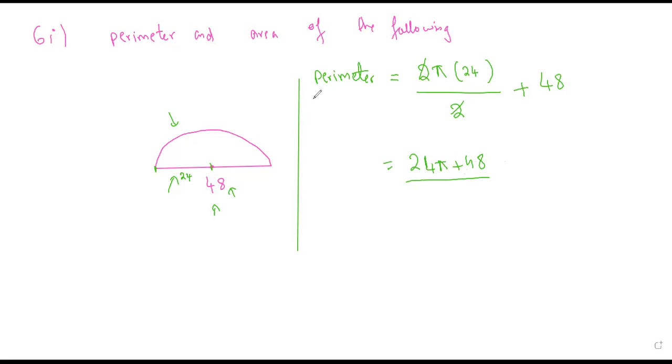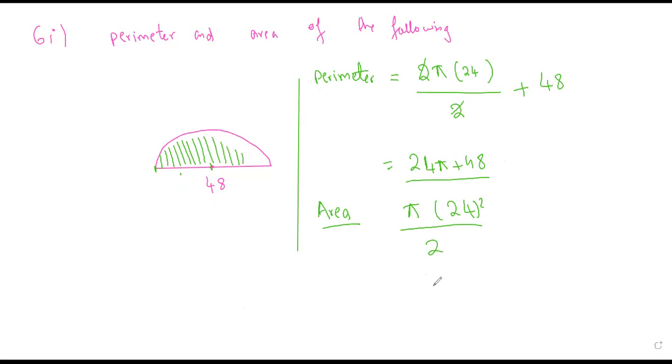Anything that you did not understand, Turhan and Saneem? It's clear. Okay. In case of area, that's very simple. We'll do it quickly. So area is pi r square. It would be 24 square and divided by 2 because we have the semicircle, right? So this would be the area.